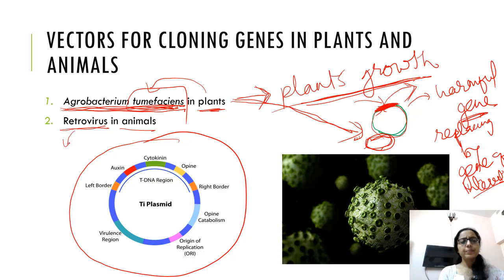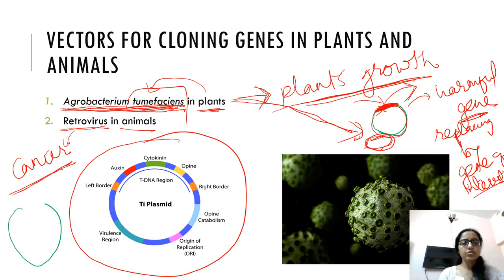Retrovirus is a virus which causes cancer in animals. But by biotechnology, it is possible to remove this gene which causes cancer, and we introduce our gene of interest, and then it is inserted into the animal DNA, and the desired characteristics are produced in animals.